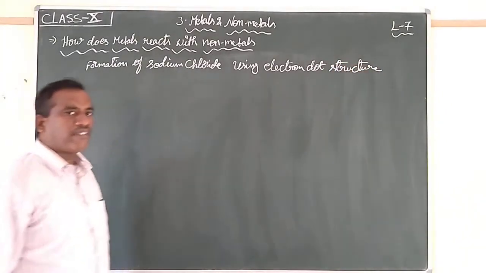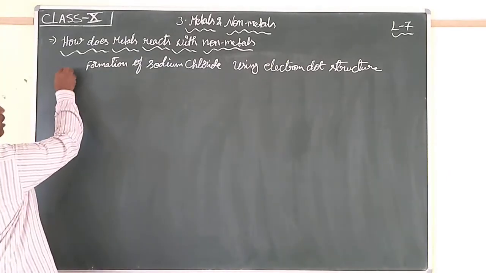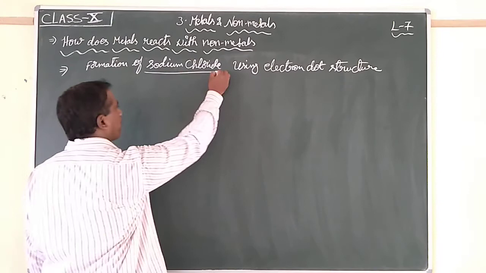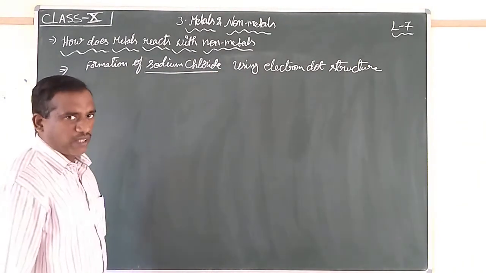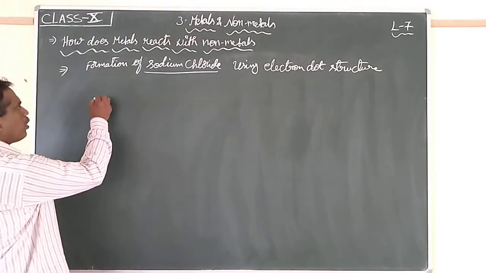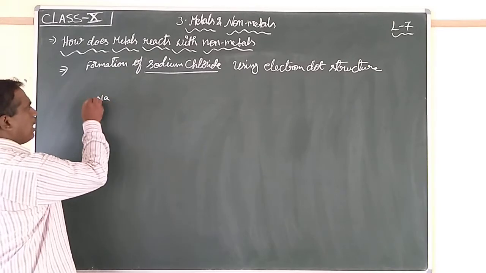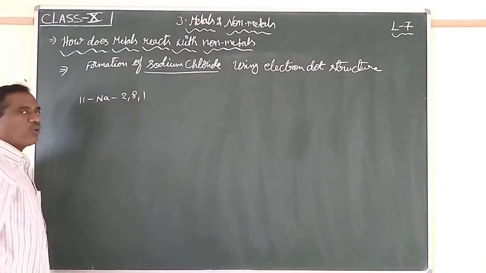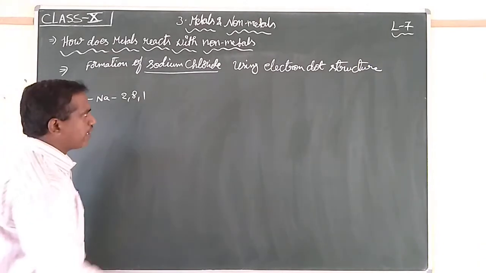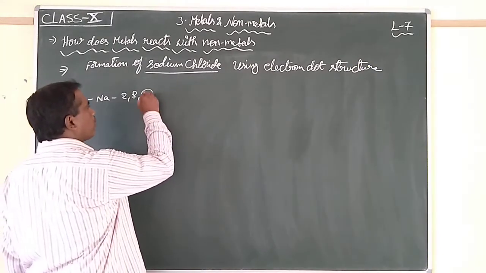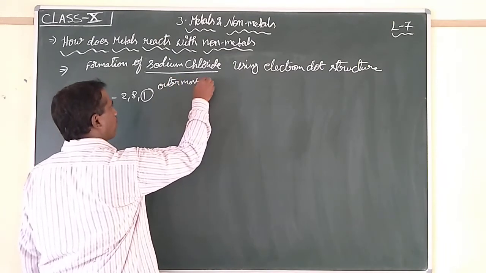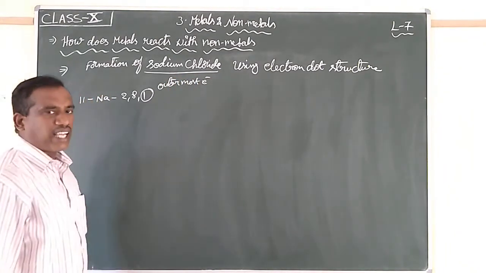So the fundamentals we have learned are useful for studying the formation of some compounds. Here, what is the compound? Sodium chloride. So we know sodium's atomic number is 11. Its electronic configuration is 2, 8, 1. How many are its outermost electrons? Only one it is having.